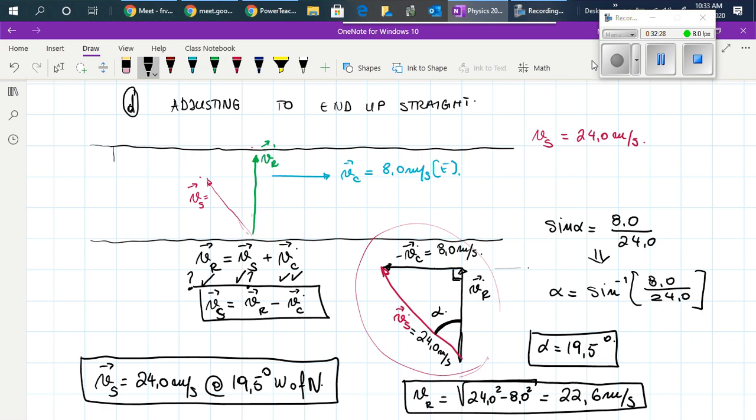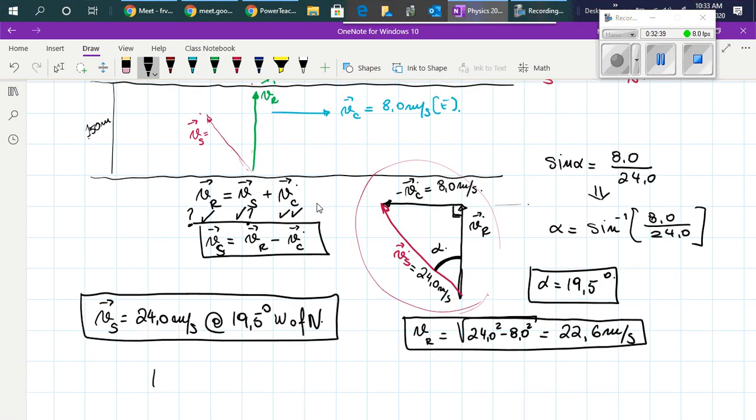Now if the river is 150 meters wide, then the time it needs to reach the other side will be the distance, 150 meters, over the velocity in that direction. The velocity in that direction, when we are adjusting, is 22.6 meters per second.